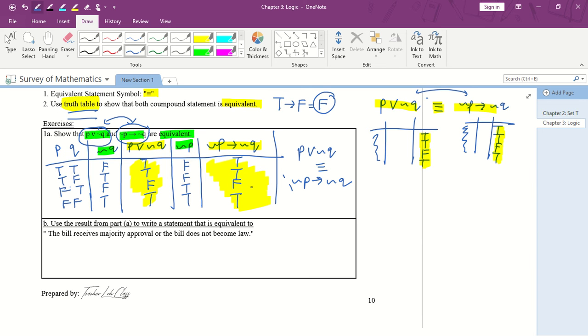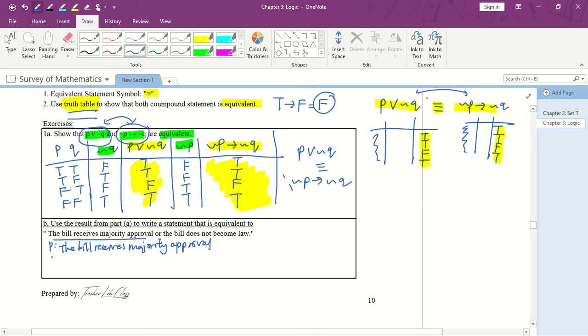What is P and what is Q? We need to start representing it in a simple statement. So P, we can say that the bill receives majority approval.